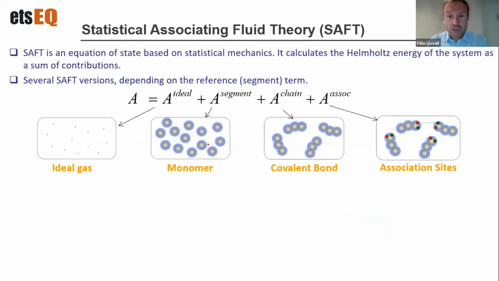SAFT, as mentioned, calculates from statistical mechanics the total Helmholtz energy of the system as a sum of contributions.